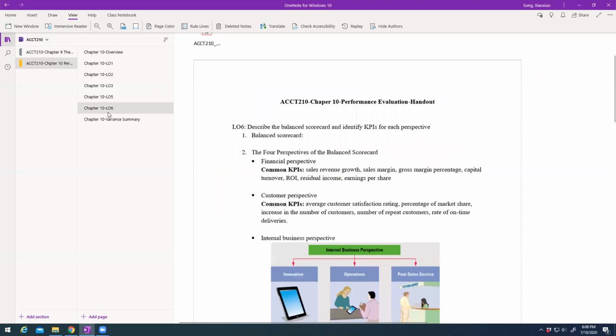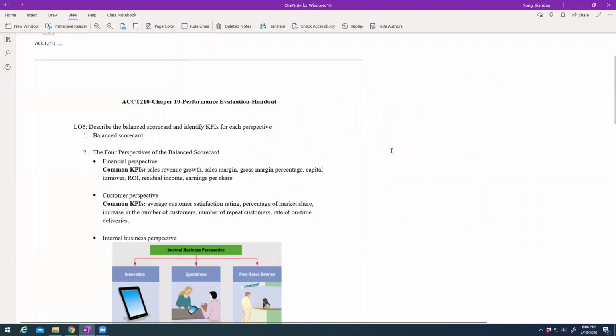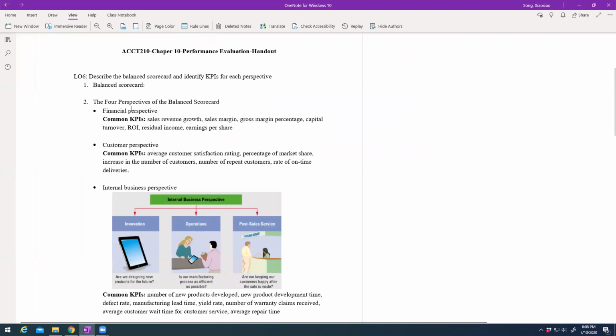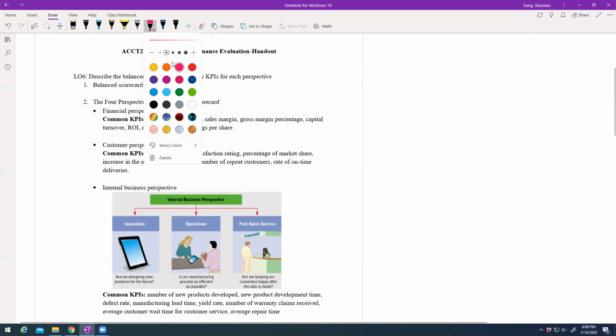Your job is very straightforward. I will tell you how you will be tested. So what's the meaning of a balanced scorecard? I don't know whether you have heard this terminology, yes or no. But from the name you can tell it's a scorecard.